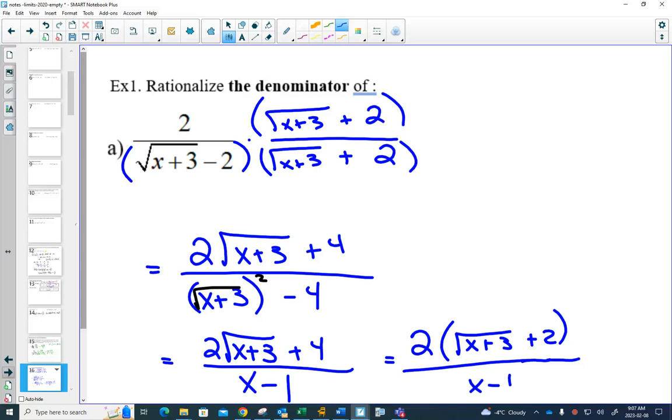Can you see that when I refactored it, I just got what I started with at the top? Just a 2 times this. So you can sometimes leave things factored, because if you're going to simplify something, the factored form will be what helps you simplify it the most. The bottom we wanted to multiply out because that was our purpose. Our purpose was to get rid of those square roots. So that made sense to multiply that up.